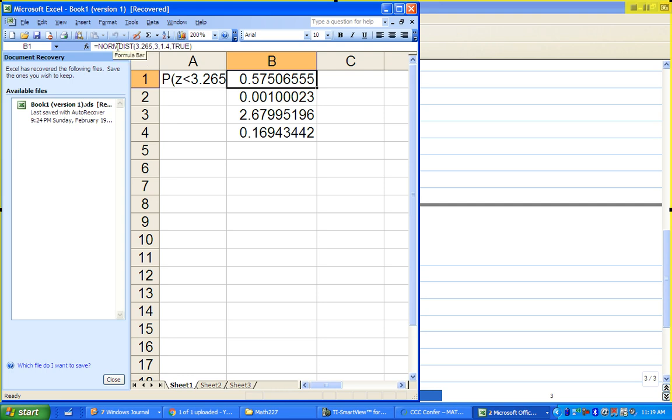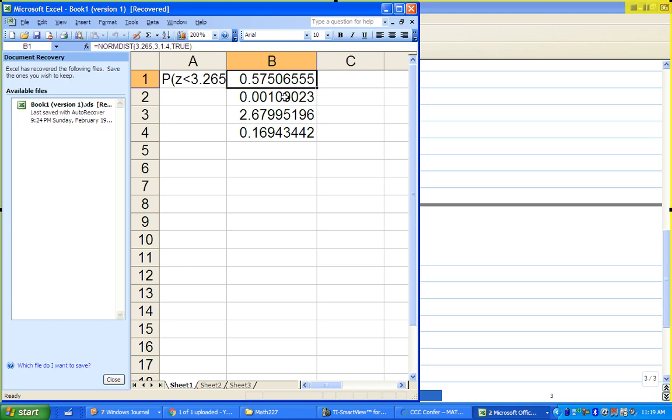For the older versions they don't have the period, but it's norm dist. And you go 3.265 and say that the mean is 3 and the standard deviation is 1.4. And, well, since it's less than or equal to, you'd say true.